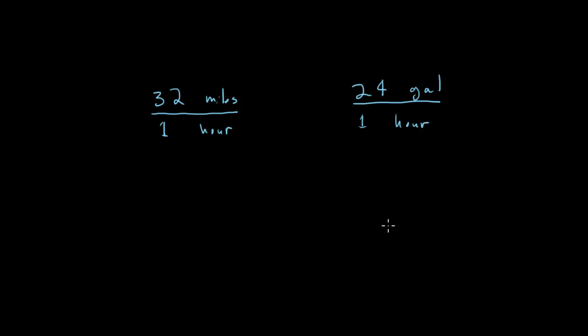So the relationship we ultimately want is miles traveled per gallon of fuel. And as I said, we're in a really good situation because the original rates are very comparable because we're talking about the same amount of time. We can just think about what happens in 1 hour.